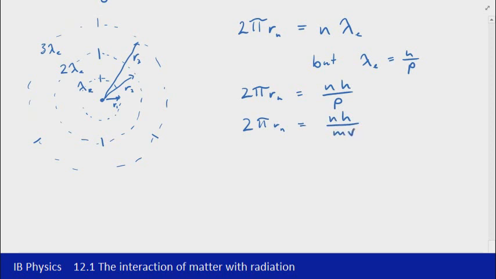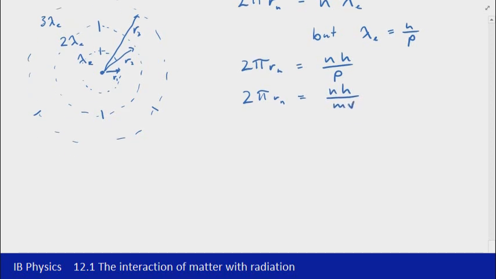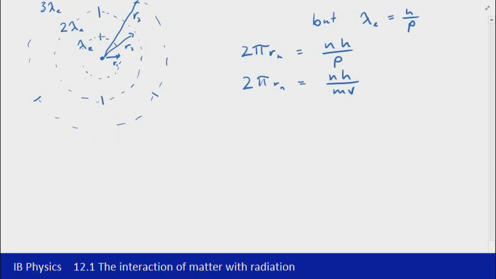Now, a little bit of a step here that I'll explain once we've gone through it. We're going to multiply mv up over this side with the r, and we'll then end up with mvr equals nh on 2 pi. That's an important equation to note. The reason is that the quantity on the left-hand side is the angular momentum of the electron.